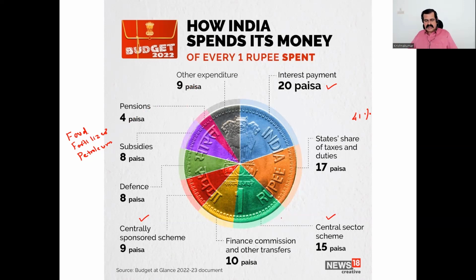Now, a particular expenditure which we have not touched upon is the Finance Commission and other transfers, which is 10%. So what is that? The Finance Commission oversees the transfer of funds from the central government to the states, the transfer of funds and assistance. So the 41% sharing of taxes which I mentioned has been prescribed by the 15th Finance Commission.